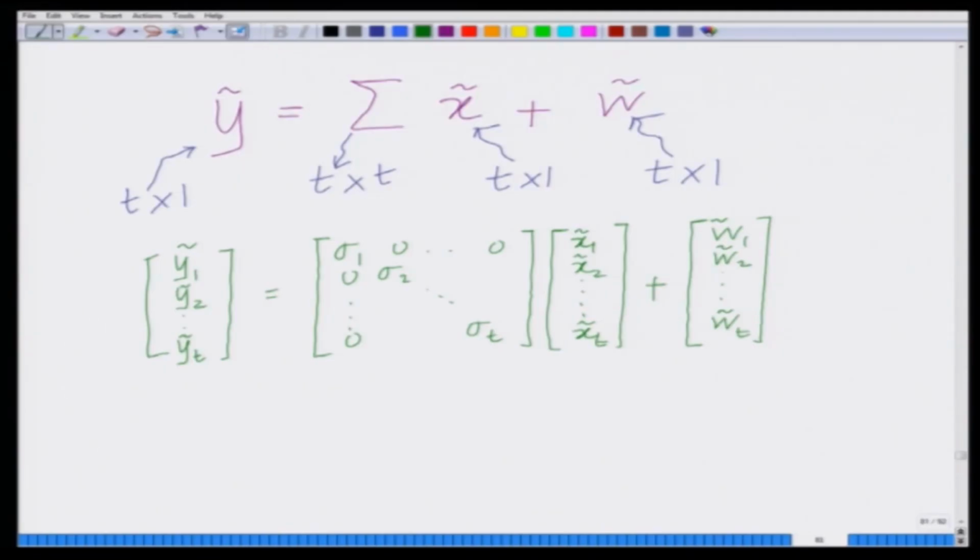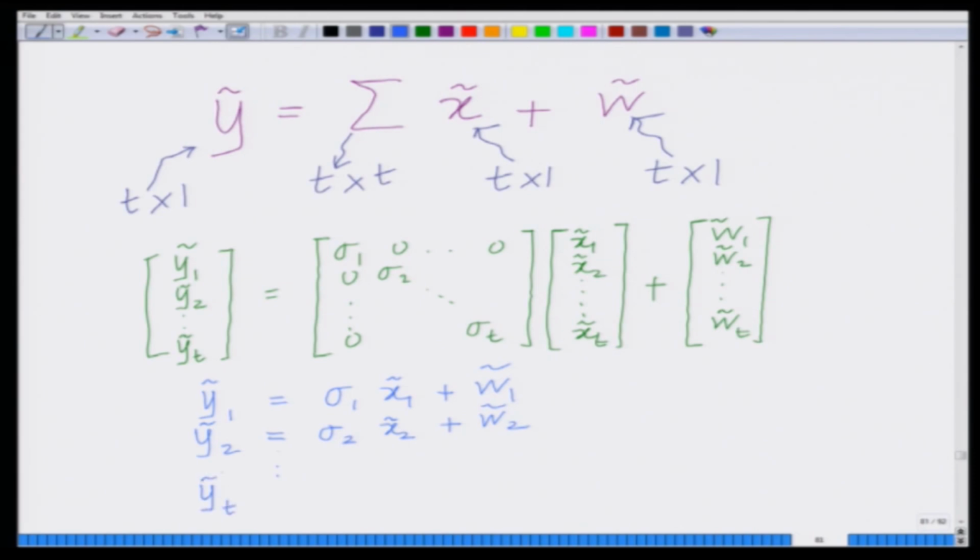And now, because sigma is a diagonal matrix, you have a very interesting structure. What you have is y1 tilde equals sigma 1 x1 tilde plus w1 tilde, y2 tilde equals sigma 2 x2 tilde plus w2 tilde, so on.